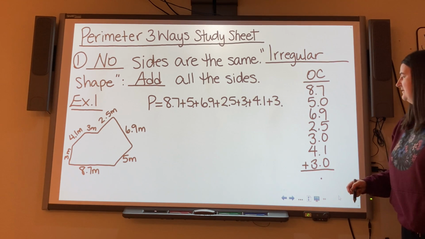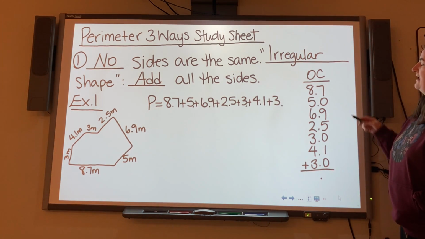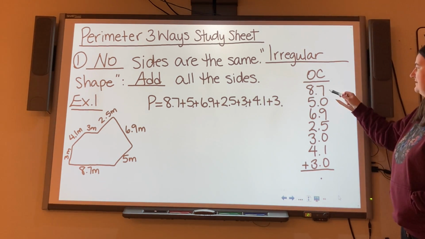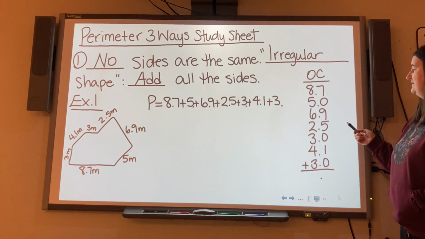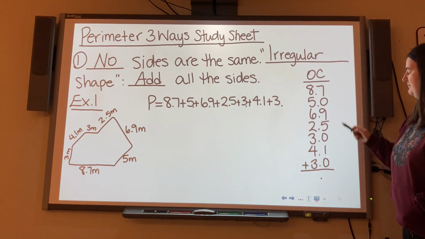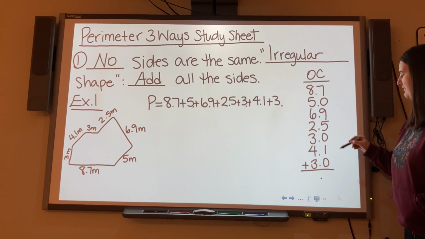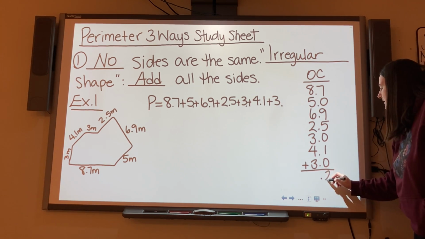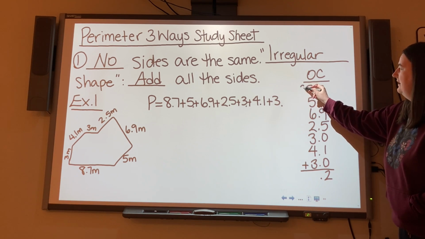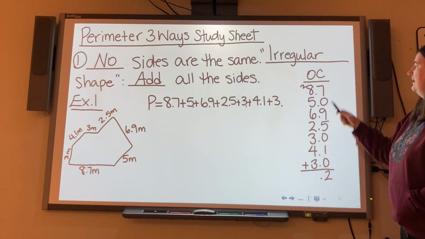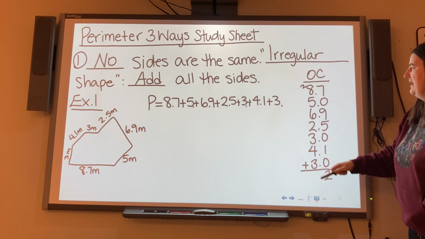All right, so then we just go ahead and add. 7 plus nothing is 7. 7 plus 9 is 16. 16 plus 5 is 21. 21 plus 1 is 22. Carry your 2. 8 plus 2 is 10.